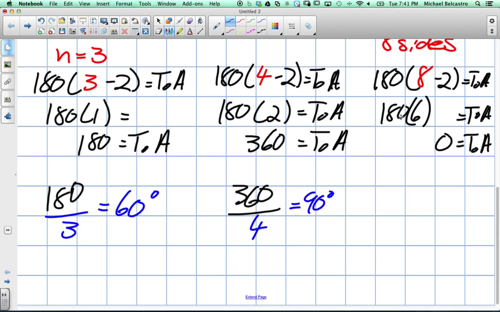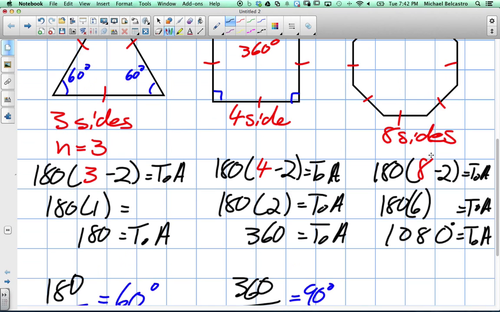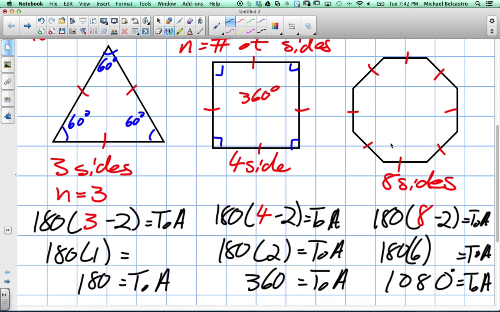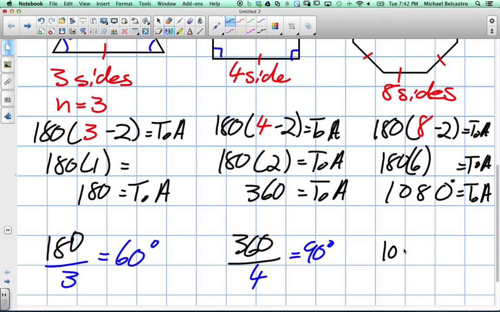Use your calculator there. 1080. Yeah, 1080 degrees. Now, assuming every angle is the same, which it is for a regular polygon, I take the 1080. What do I divide by? 8. 8. What's that going to equal?